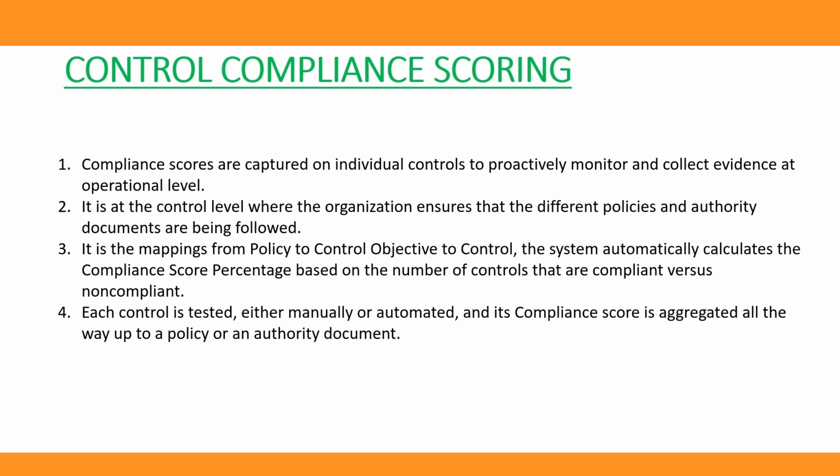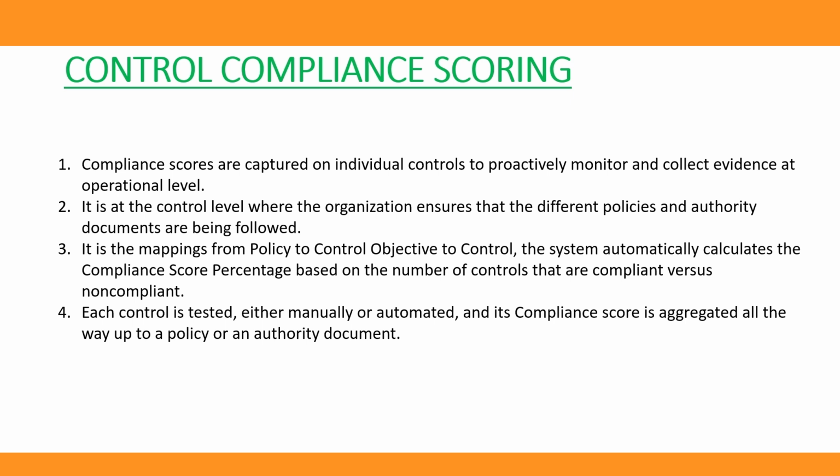To understand the logic of the hierarchy between the policy, the control objective, and the control, we will be seeing the next slide. Each control is tested either manually or automated, and its compliance score is aggregated all the way up to the policy or authority document level.